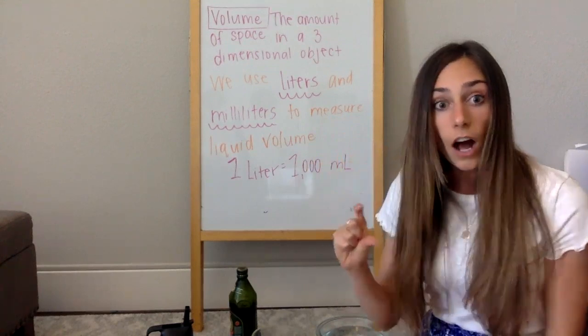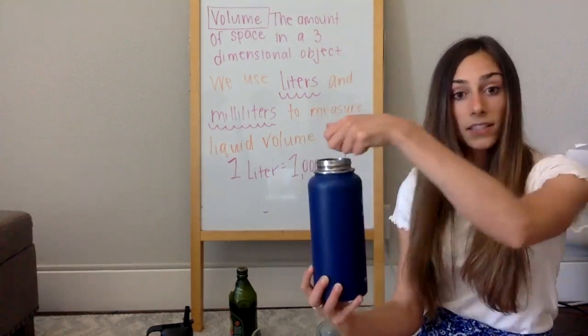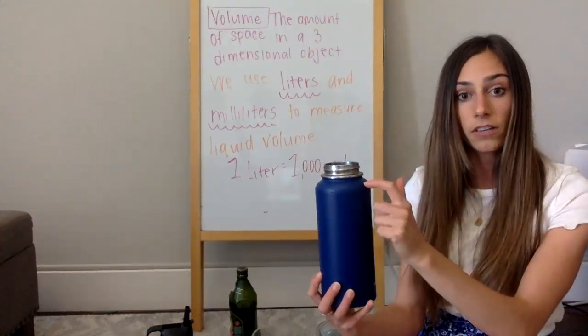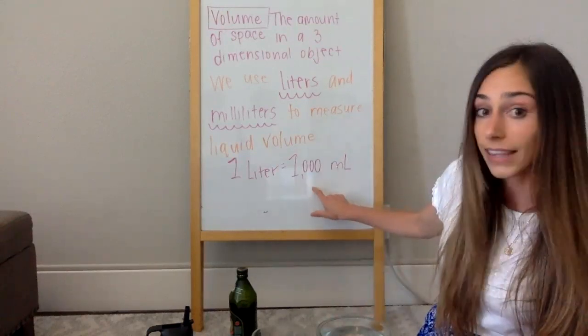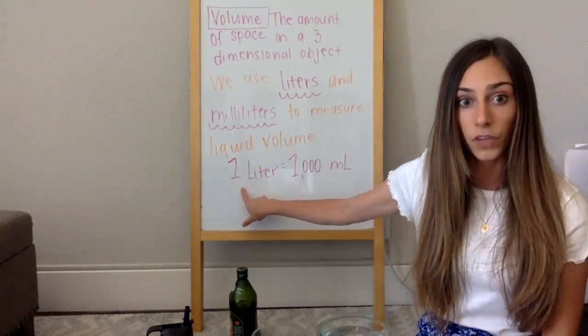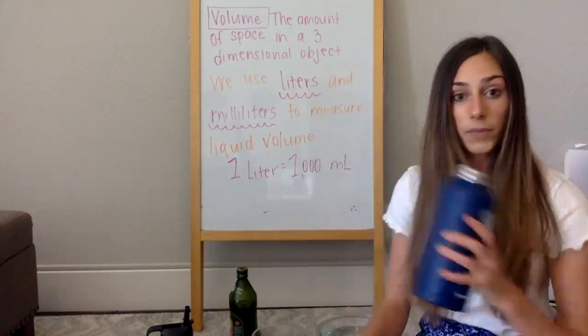You can fit 1,000 of those in here. So if I squeezed an eyedropper all the way 1,000 times, it would fit in here. So you can imagine how small 1 milliliter is if you need 1,000 of those little milliliters to be equivalent to 1 liter. I would need 1,000 of those little eyedroppers in order to fill up this entire water bottle.